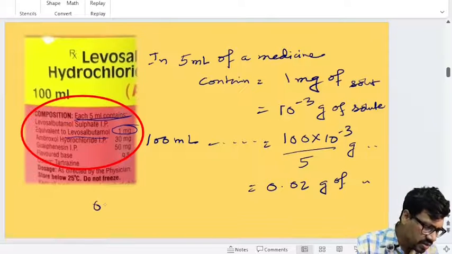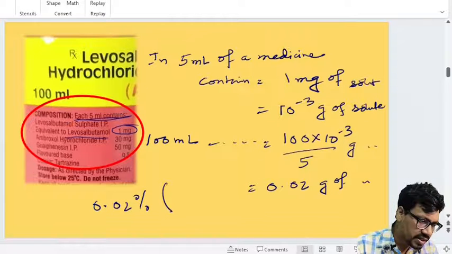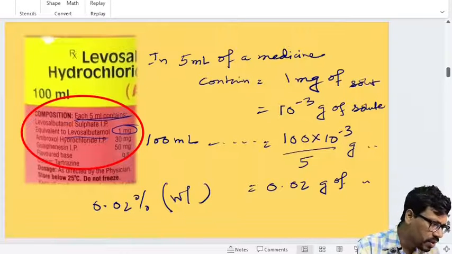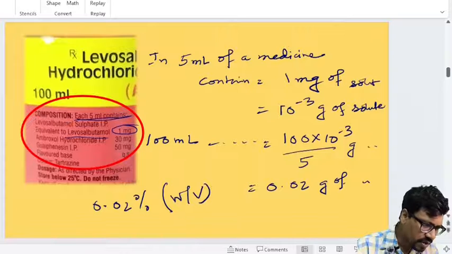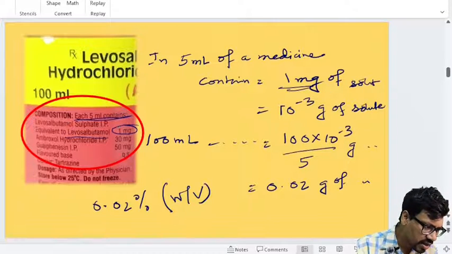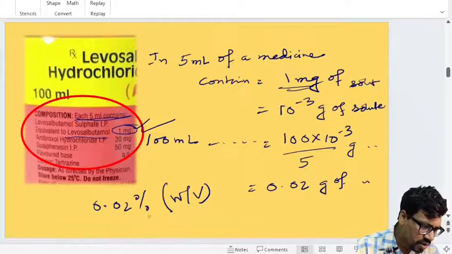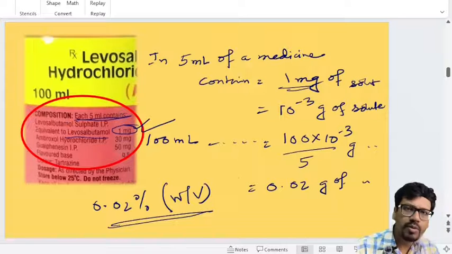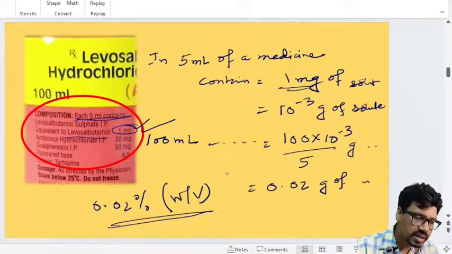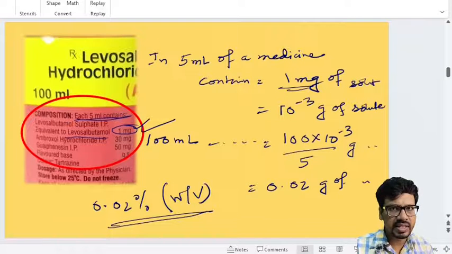That is 0.02%. And what is this? It is weight by volume, because the mass of the solute is shown here and the volume of the solution. So this is 0.02 percentage weight by volume. So this is the percentage term.